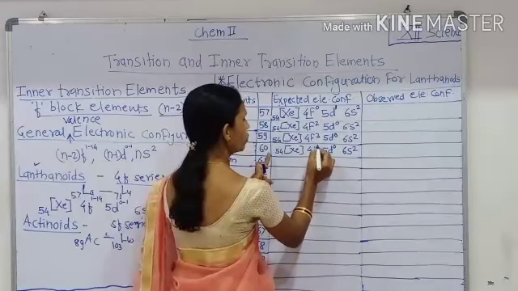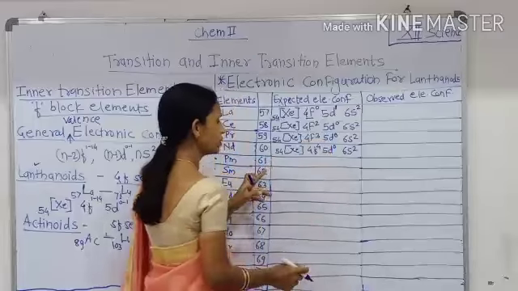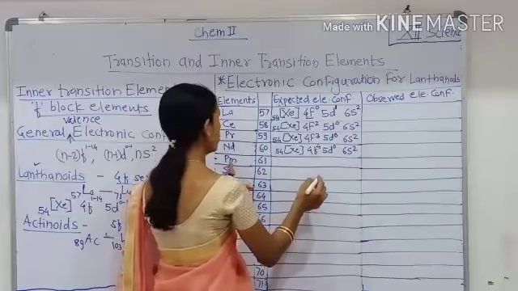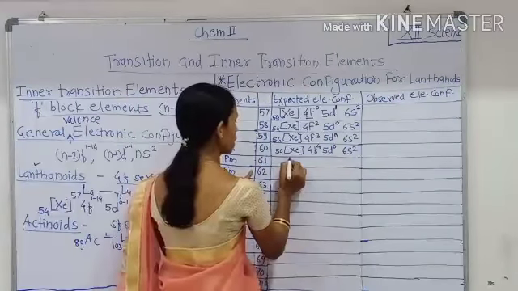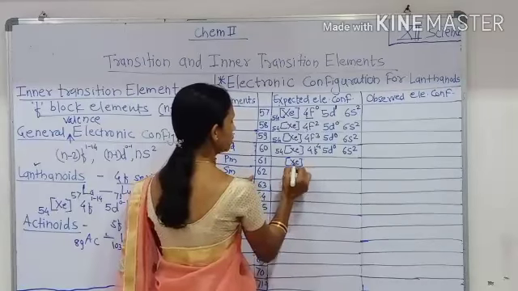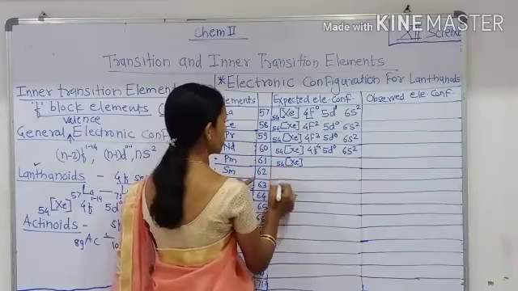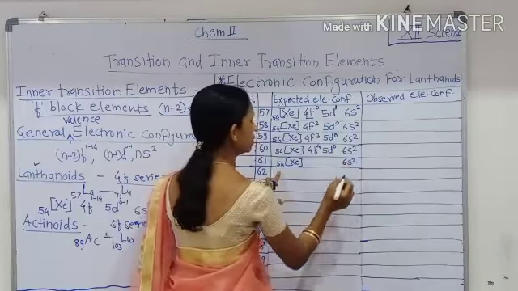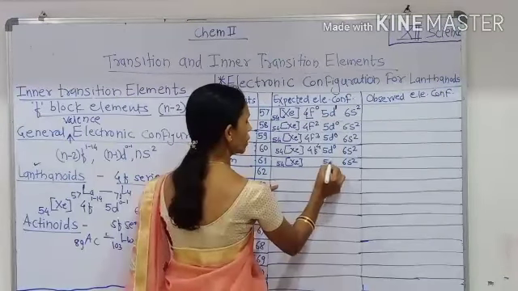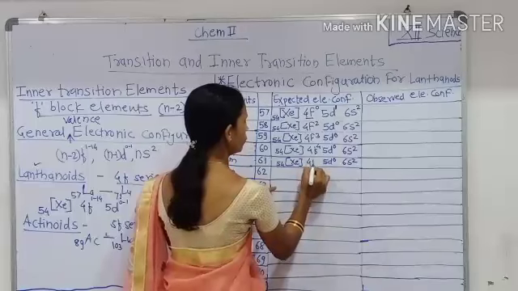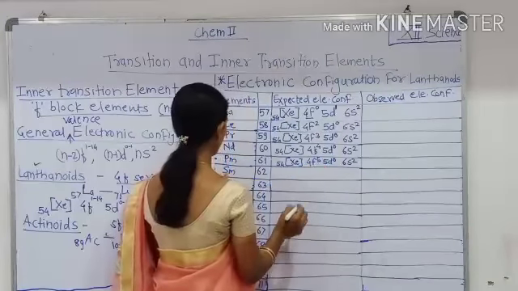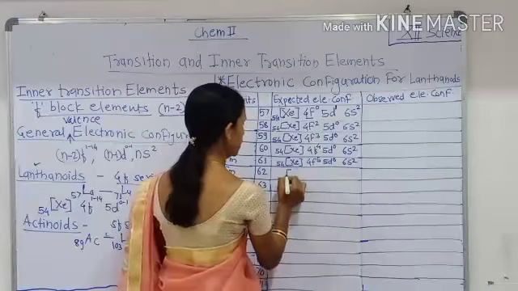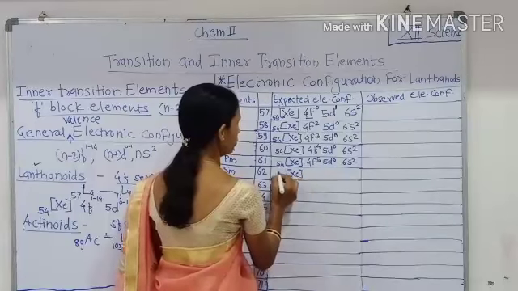Therefore in the 4f orbital 4 electrons are there. For promethium, the electronic configuration is xenon 54, with 7 electrons, 2 of them in 6s2, 5d0 and 4f5.